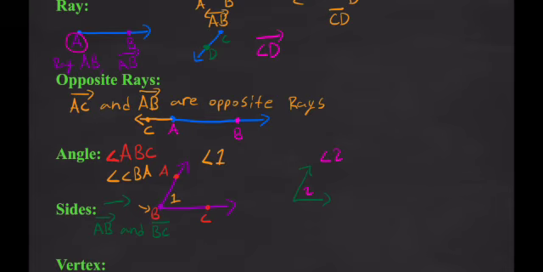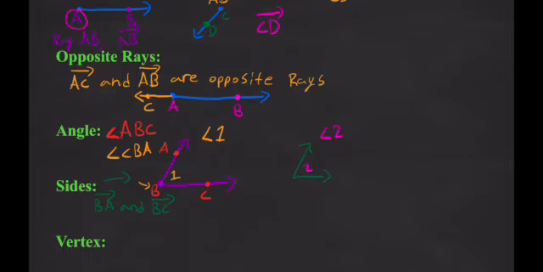By the way, I messed up when I wrote the first ray. Pay attention to the way you write it. Remember, whenever we write a ray, we always start with the endpoint. A is not the endpoint, so we want to change that to BA. Ray BA and ray BC are both sides of angle ABC.